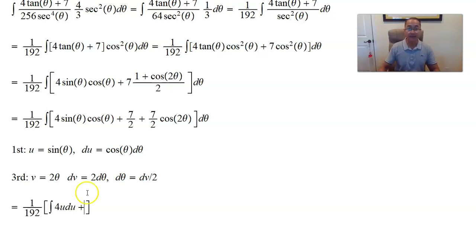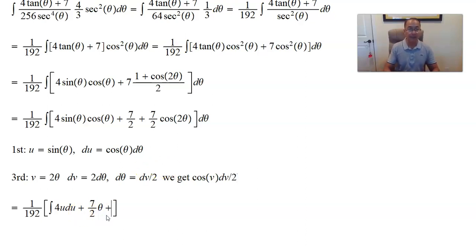Plus 7 halves, we don't need a sub for that, we just get theta. It's not 0, there's a theta there. And then for the last one, we get cosine of v, and d theta is dv over 2.